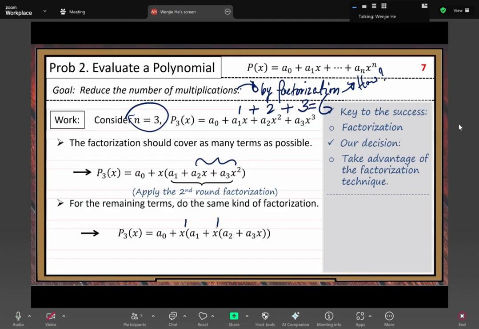Third, the multiplication between x3 and x3. Total, now we add, equals 3. That's the improvement, right? Is it big? Is it good progress? Yeah.